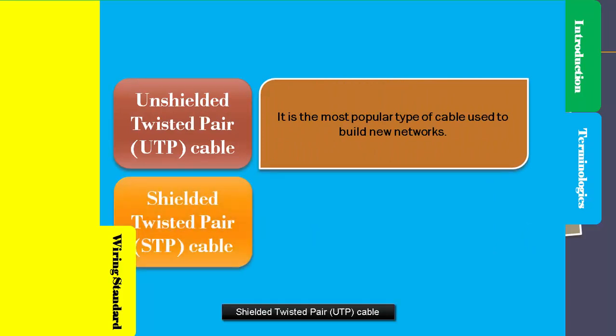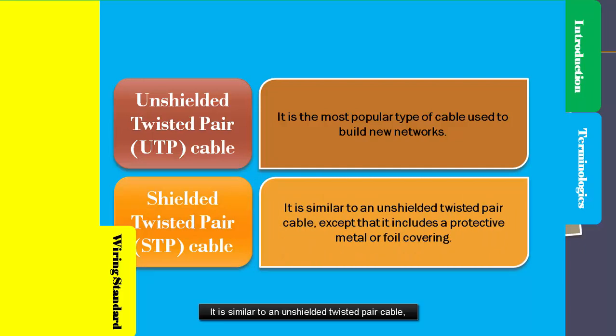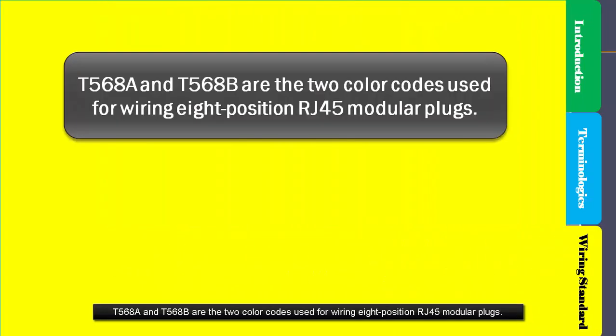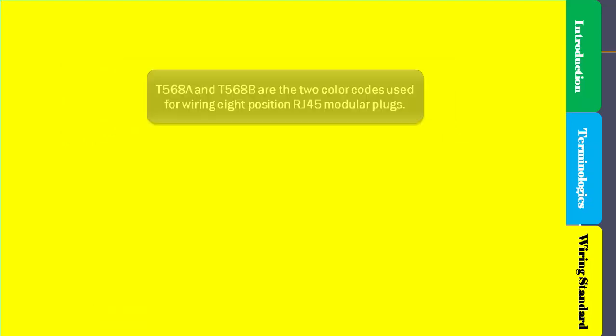Shielded twisted pair cable. It is similar to an unshielded twisted pair cable, except that it includes a protective metal or foil covering. T-568A and T-568B are the two color codes used for wiring 8-position RJ45 modular plugs.